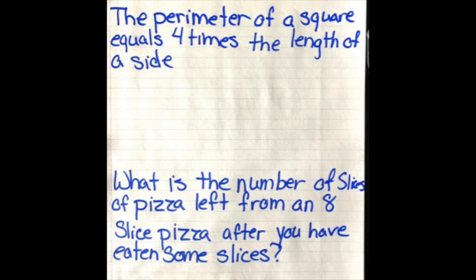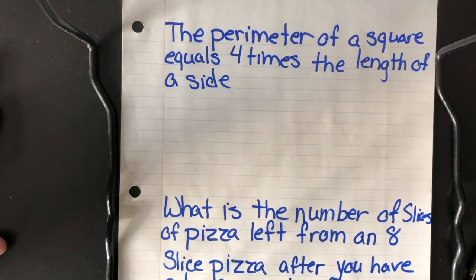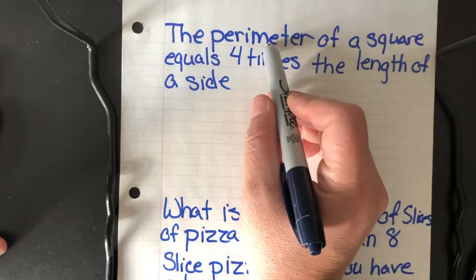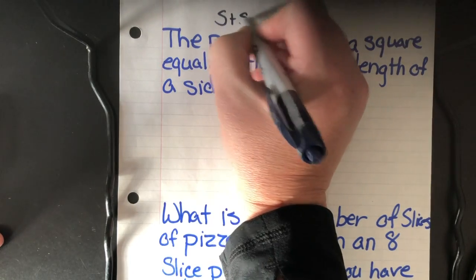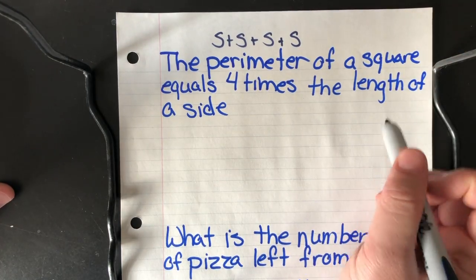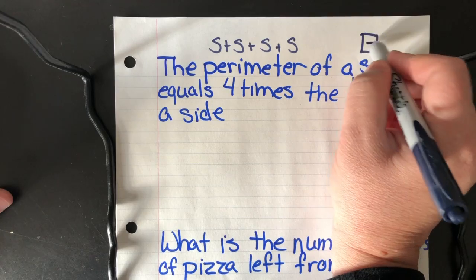So I'm going to give you actually 2 more examples. See if you can figure out how to get those algebraic expressions done. The first example: the perimeter of a square equals 4 times the length of a side. We have to remember a couple of things. Perimeter is side plus side plus side, and when we're doing a square, all of the sides are equal.